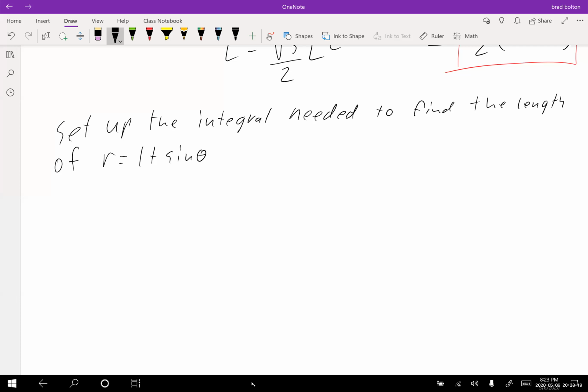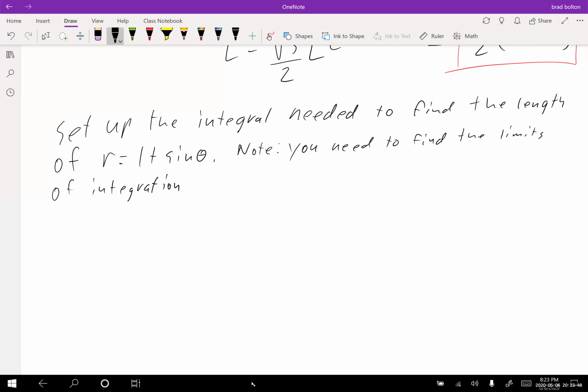Let's see here, and then we need to find, oh, they want to know the entire thing. So note, you need to find the limits of integration.